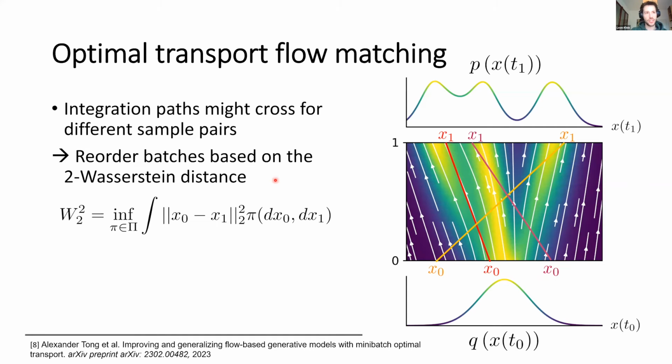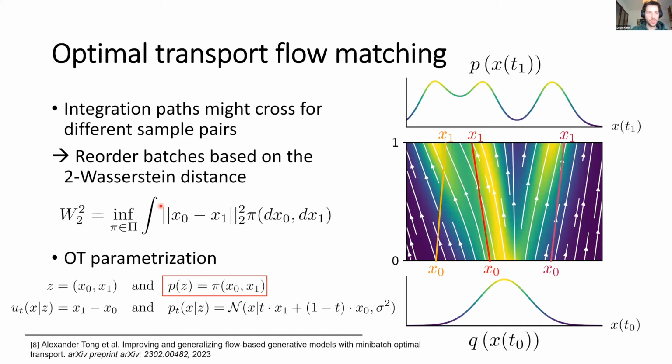What we can do instead is reorder these batches according to the Wasserstein distance. Here, this squared Euclidean distance is for the whole batch, and we want to find the optimal coupling between these two batches such that this transport cost is minimal.